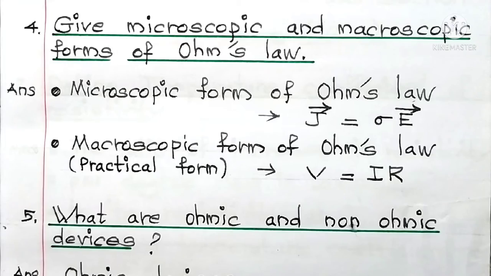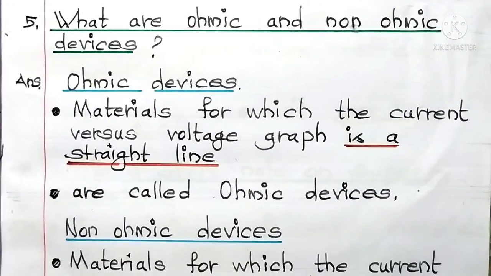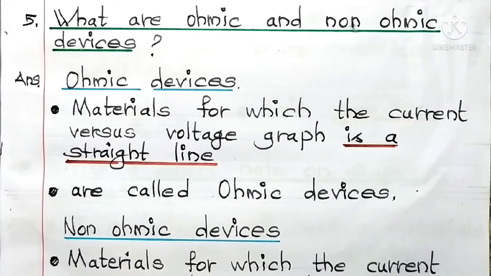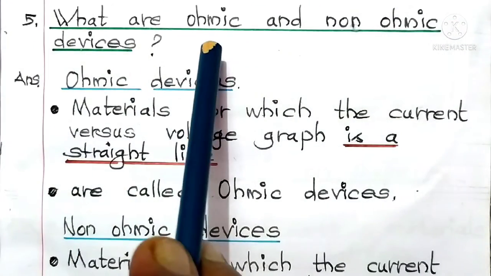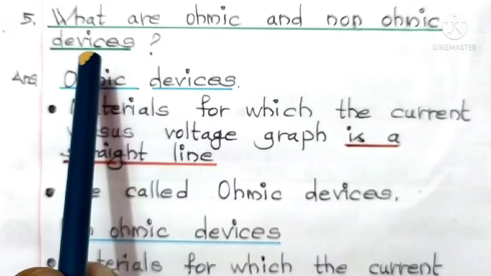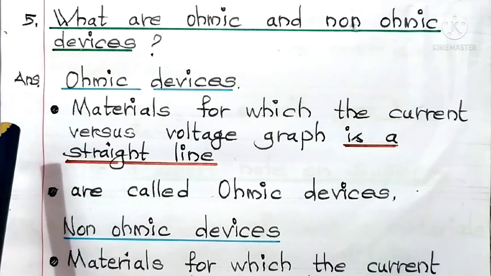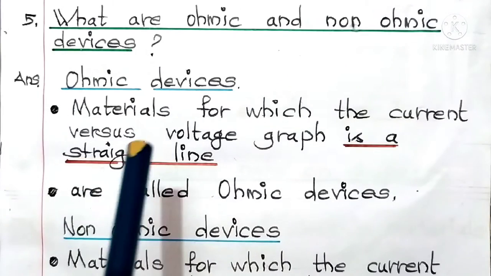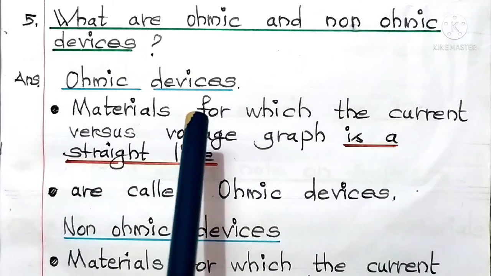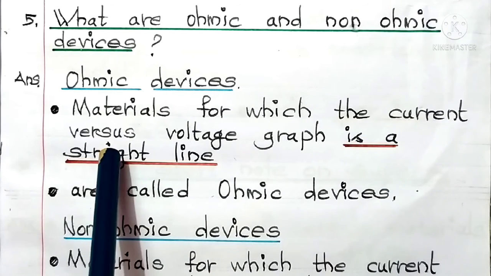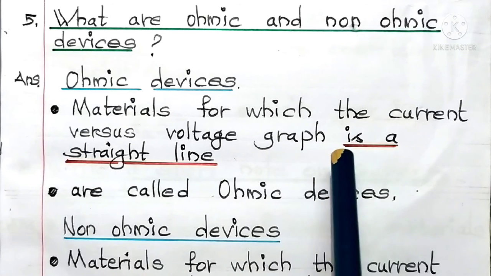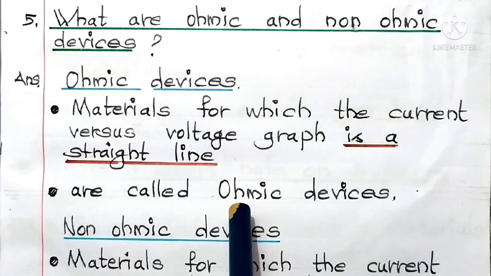Fifth question. What are ohmic and non-ohmic devices? Answer: ohmic devices. Materials for which the current versus voltage graph is a straight line are called ohmic devices.